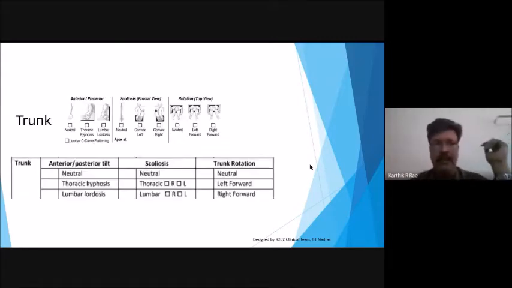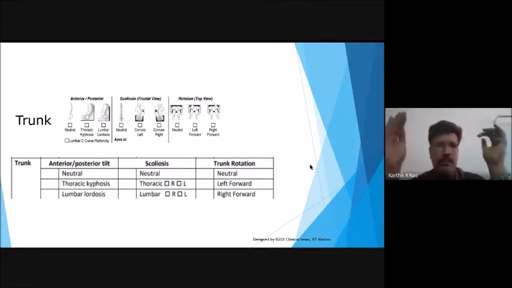And then we look at the trunk. So when you look at the trunk, we're looking at whether the person is in a slouching position, or sitting upright, or leaning too much forward with the belly. So these are the different positions that are possible, and we have to note that down as well. And then we also check for scoliosis. The scoliosis is the side bending that we see of the spine, and we note down the convexity, the part in which it is on the curve.